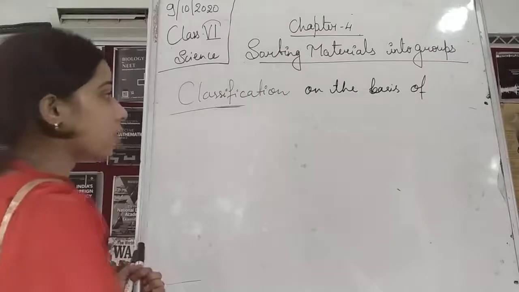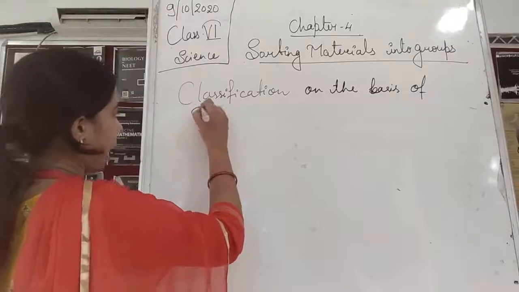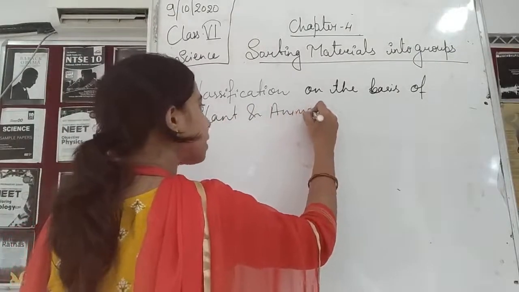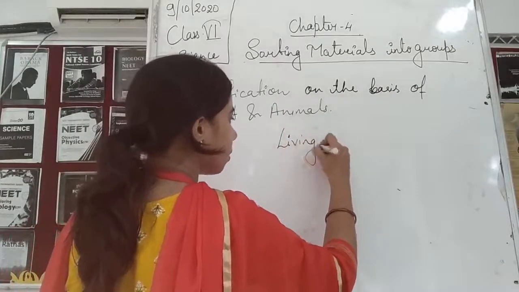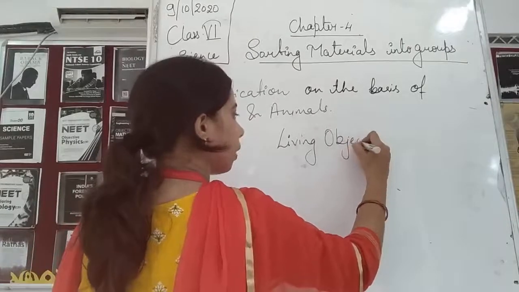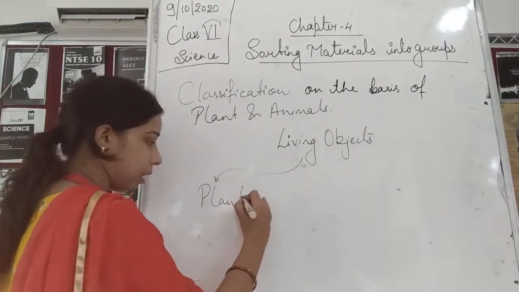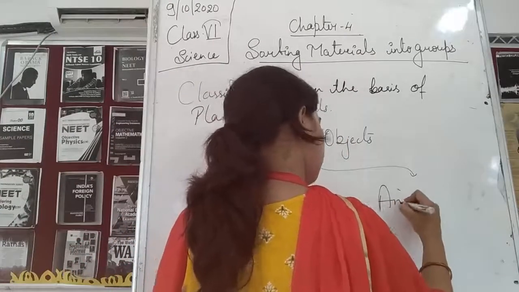So classification on the basis of plants and animals. How do these plants and animals come, students? Because we know that a living object includes the plants as well as the animals.